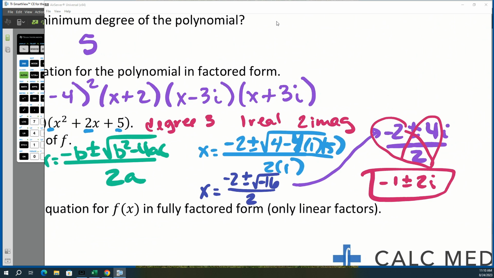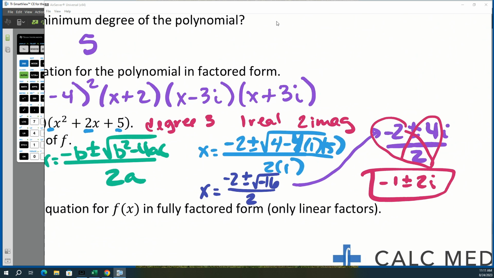And those are the other two solutions, negative 1 plus 2i and negative 1 minus 2i. Where'd you get negative 1? Negative 2 divided by 2. So inside the heart, I reduced everything by 2.